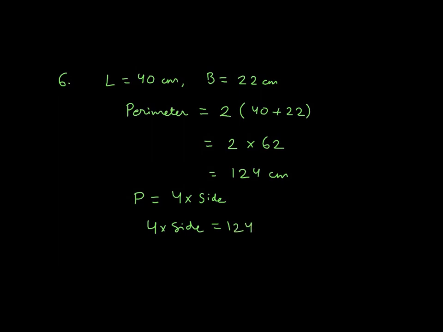This perimeter is same for the rectangle as well as the square. Now we will solve for this side. Side comes out to be 124 divided by 4, that is 31 centimeter. This is side of the square.